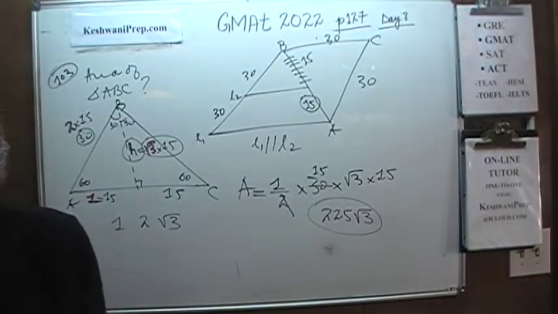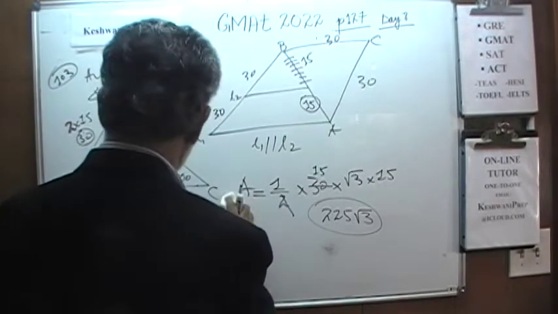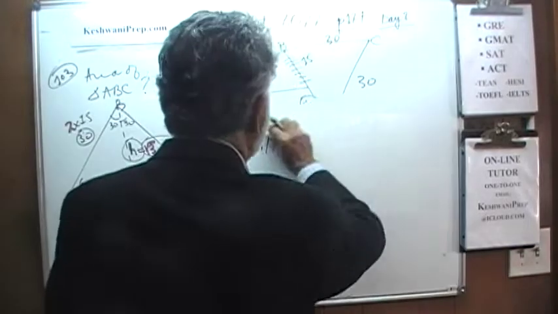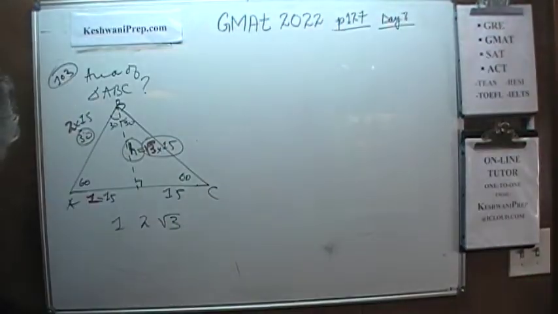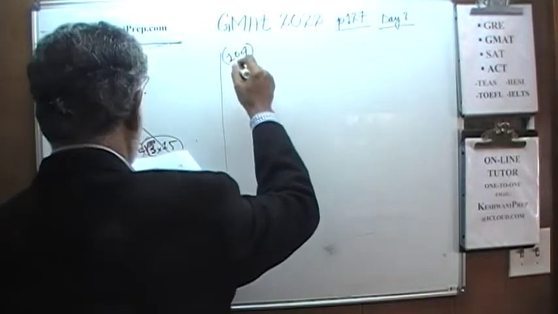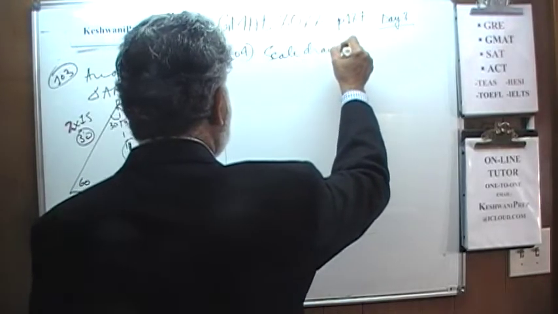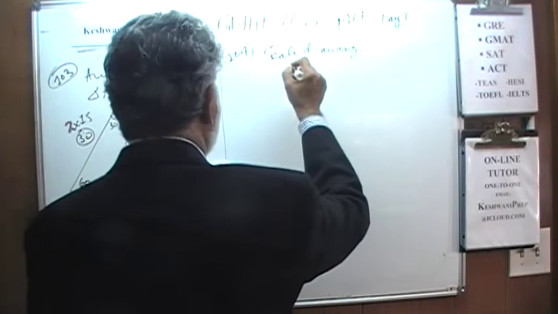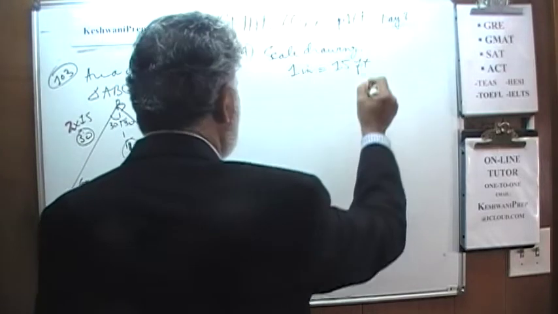Number 104 is also a geometry problem. Let's do it here. We have a scale drawing where we are told 1 inch equals 15 feet.